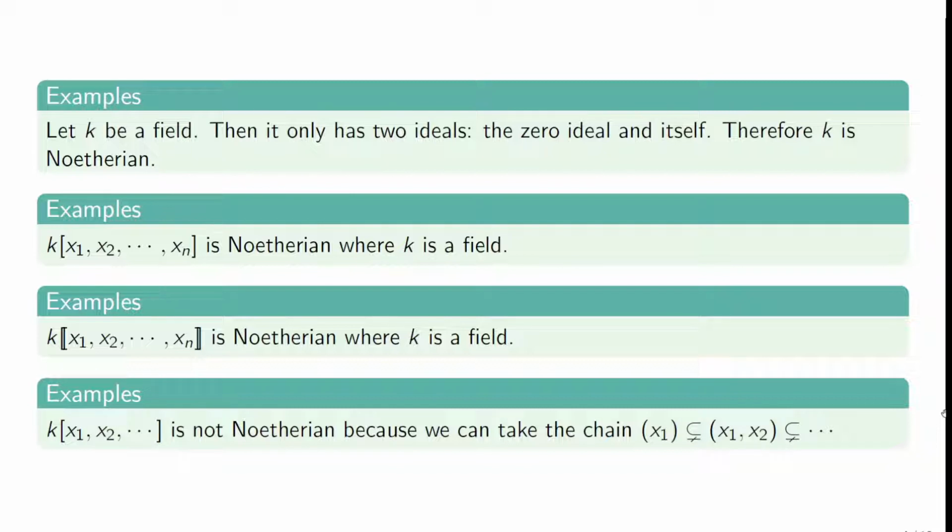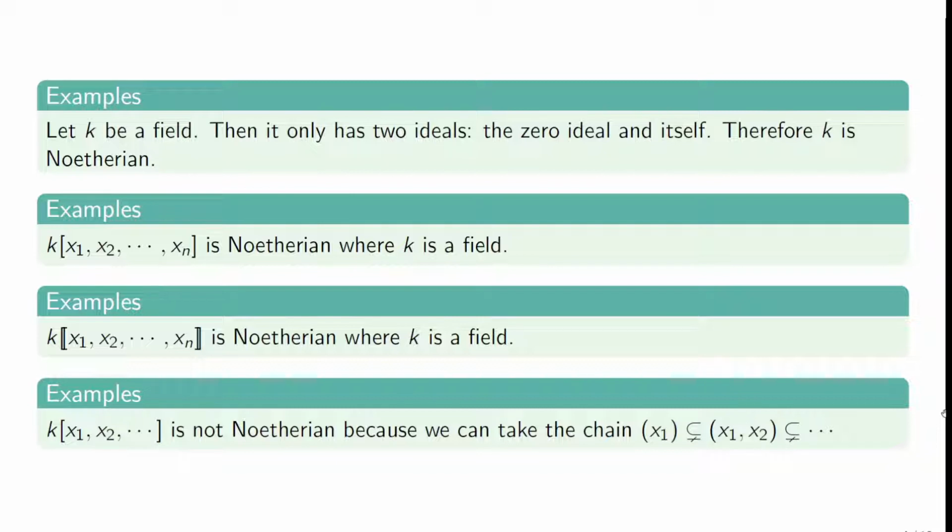Let's introduce some examples of Noetherian rings. One of the simplest examples is a field. A field is essentially a ring where all of the non-zero elements have inverses, and so it has only two ideals, the zero ideal and itself.